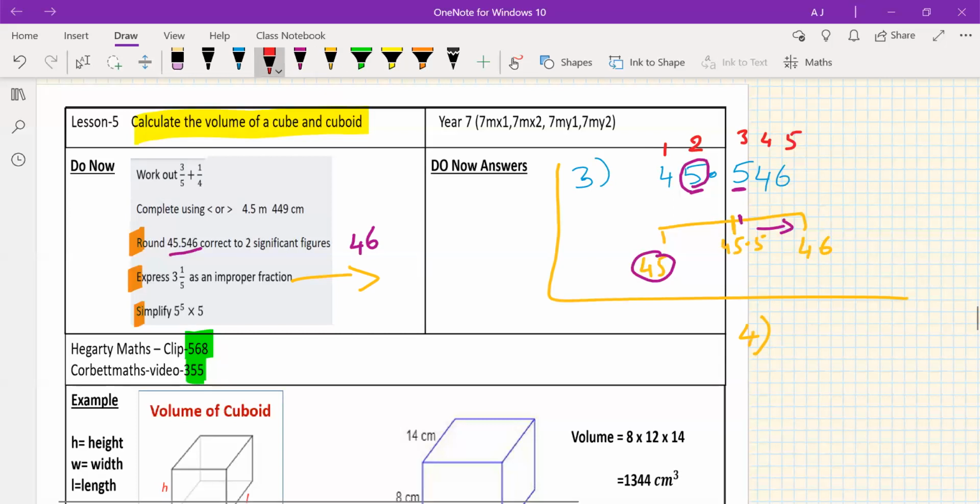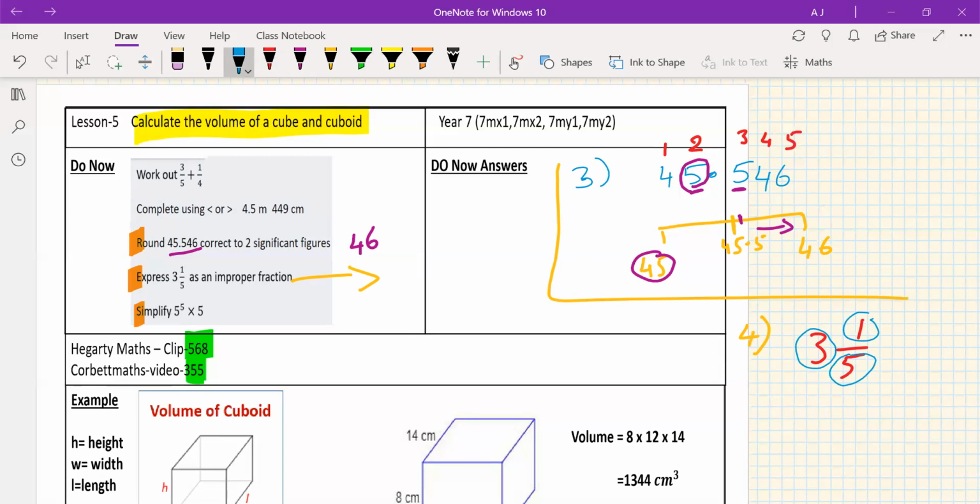Let me rewrite the question back again. 3 and 1/5. I need to convert this into an improper fraction. The whole number is 3 here, and that is a 1, and that is my numerator, and 5 is going to be my denominator.